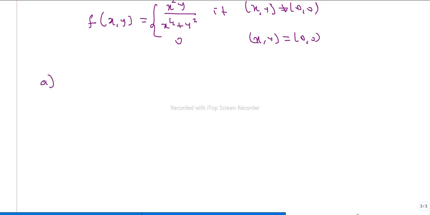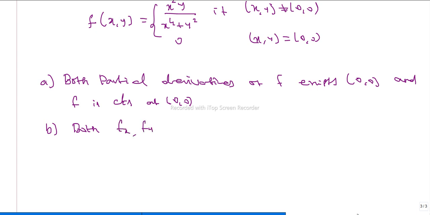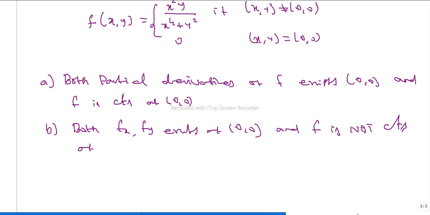The first option: both the partial derivatives fx and fy exist at (0, 0) and f is continuous at the point (0, 0). The second option: same thing, both the partial derivatives fx and fy exist at the point (0, 0), but f is not continuous at the point (0, 0).